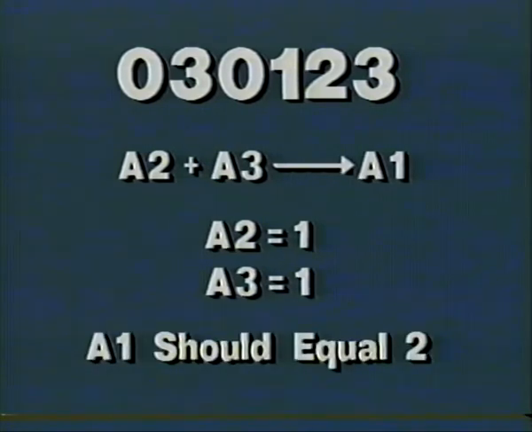This instruction takes the contents of operand registers A2 and A3, adds them together, and places the result in operand register A1. In our example, the contents of A2 equal 1, and the contents of A3 equal 1. When the instruction is completed, the contents of A1 should equal 2.